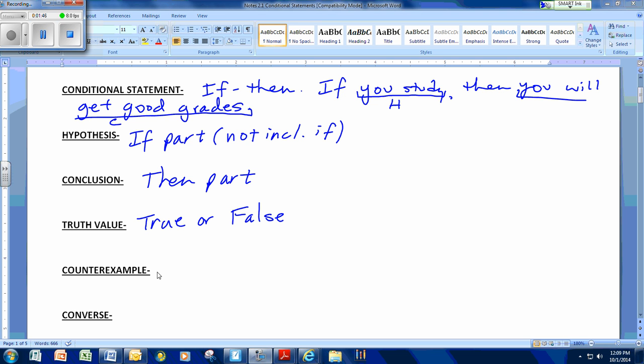Anytime the truth value of an if-then statement is false, you have to provide a counterexample, all right? And a counterexample proves it false.